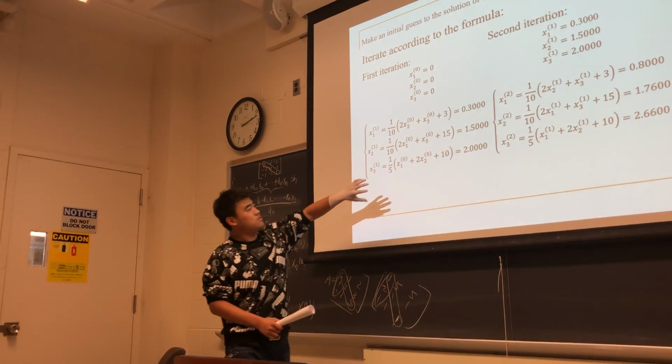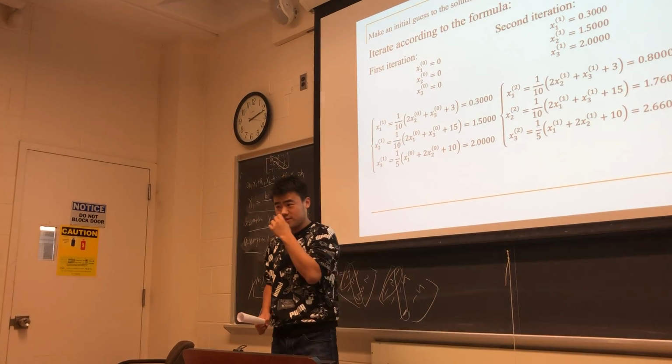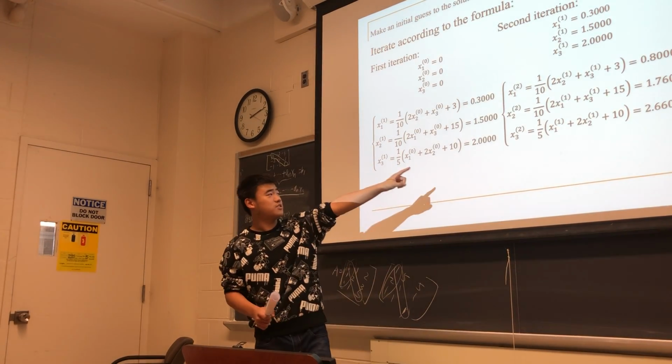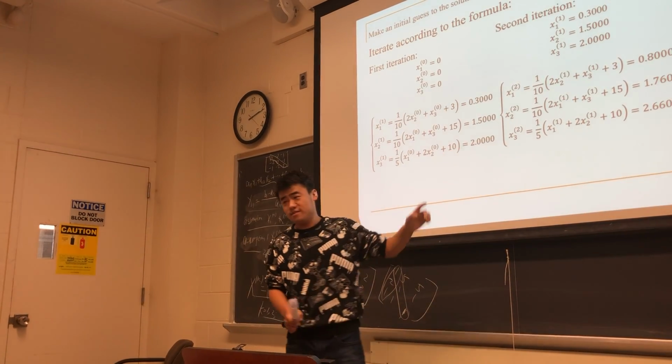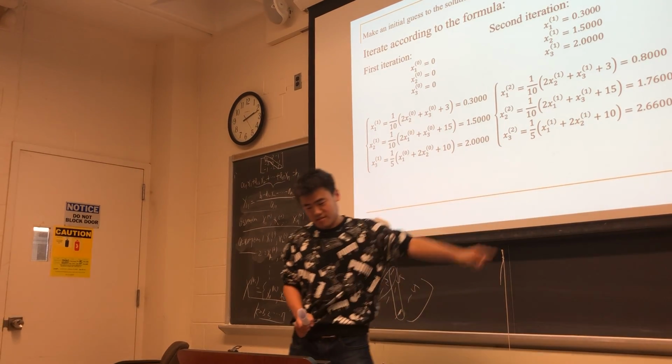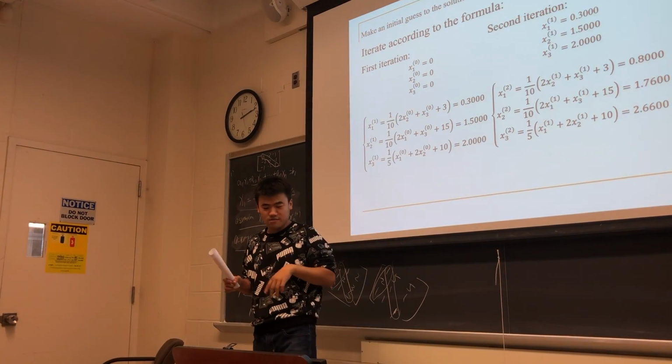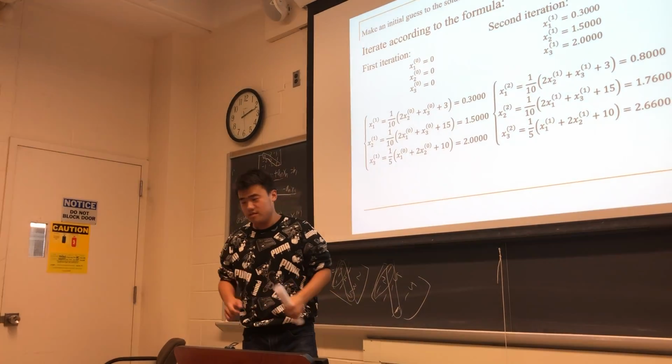Then we use the first assumption of the solutions to start our second iteration, and we can get our second assumption of the solutions is 0.8, 1.76, and 2.66.